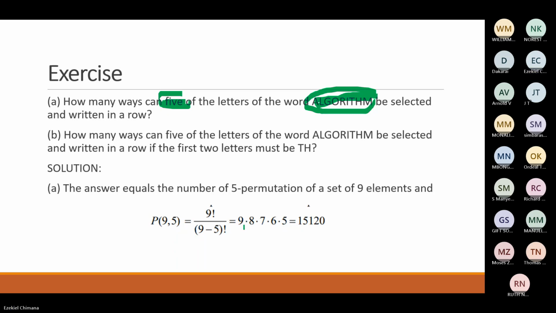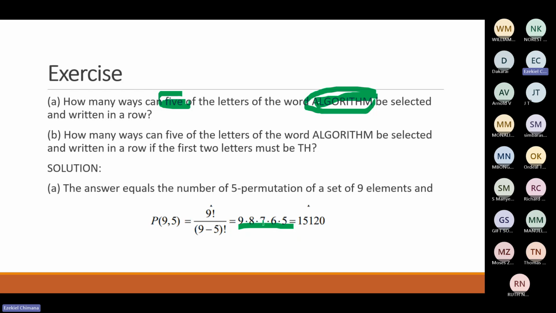So it will be 9 factorial over 9 minus 5 factorial, since our r is 5. So you just say 9 minus 5, what do you get? 9 minus 5 is 4. So the 4 factorial cancels with the remainder of the 9 factorial.